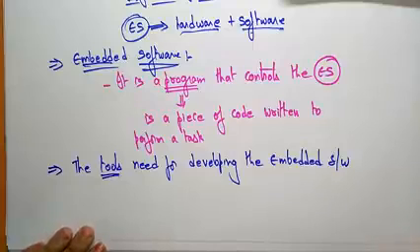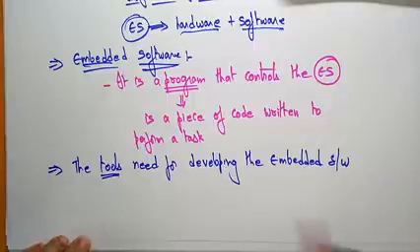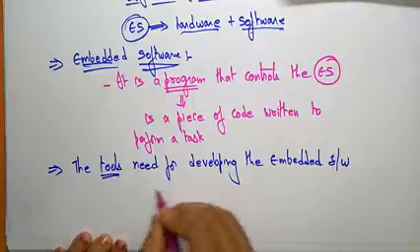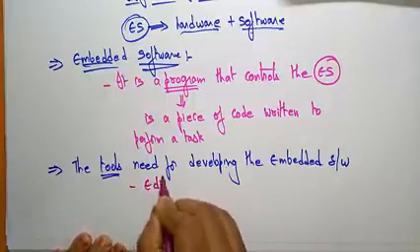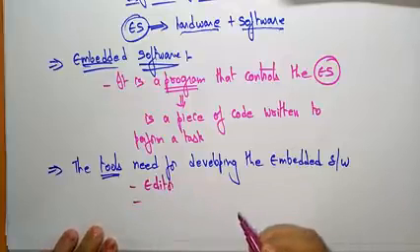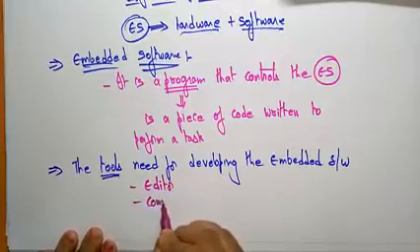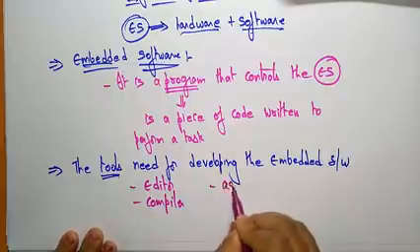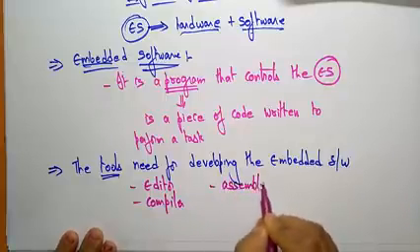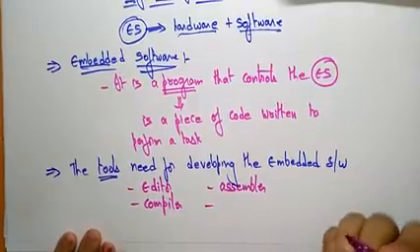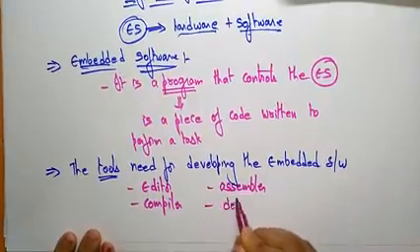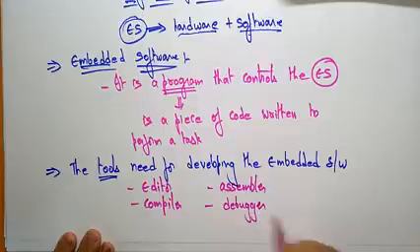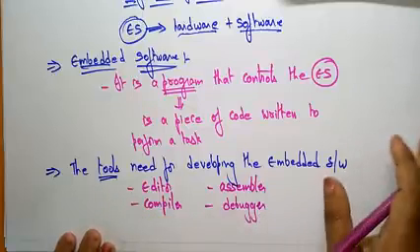The tools required to develop the embedded software include an editor to write the programs, a compiler to compile the programs, an assembler to convert the high-level language program into assembly-level language, and a debugger to execute the programs. So these are the different tools needed for developing the embedded software.